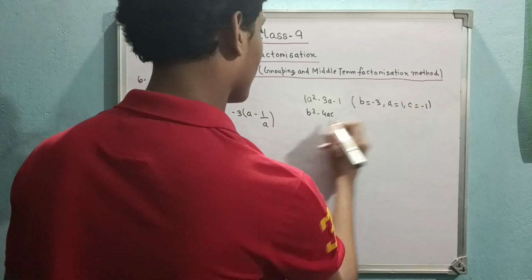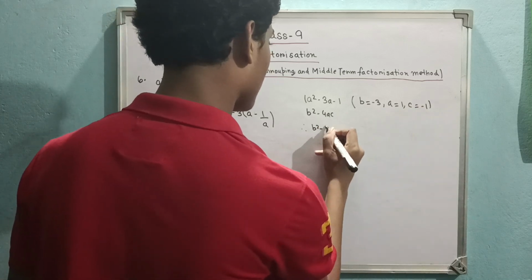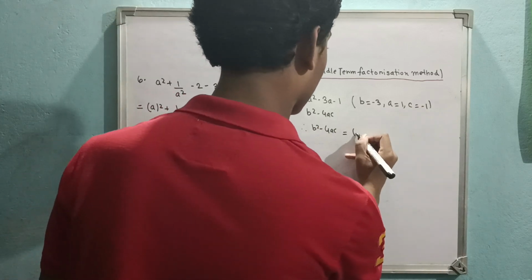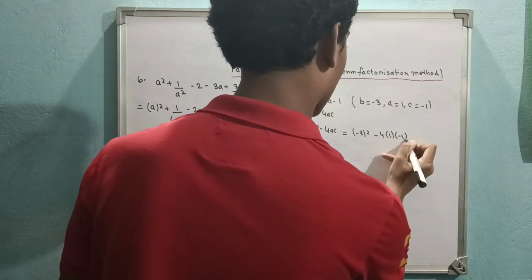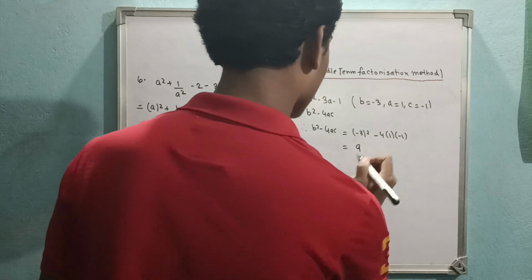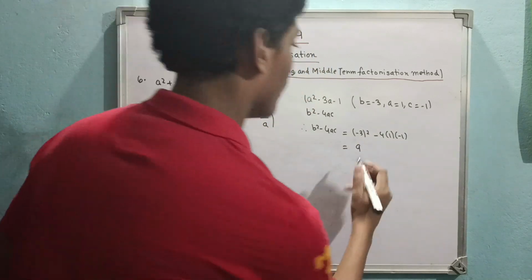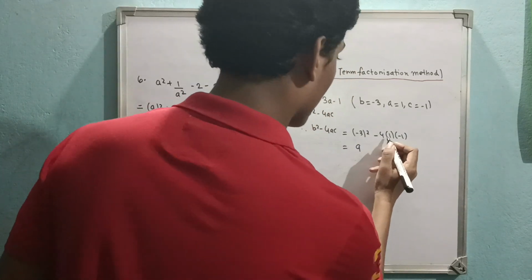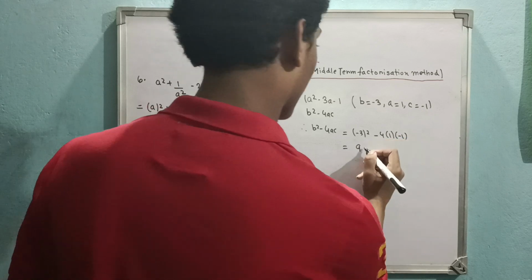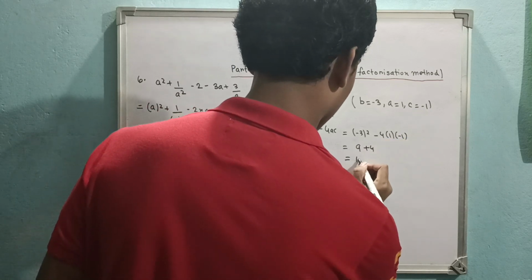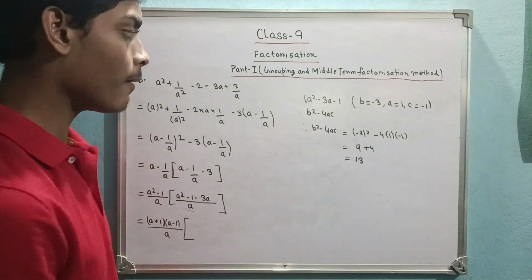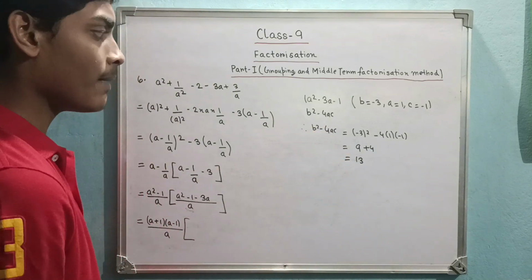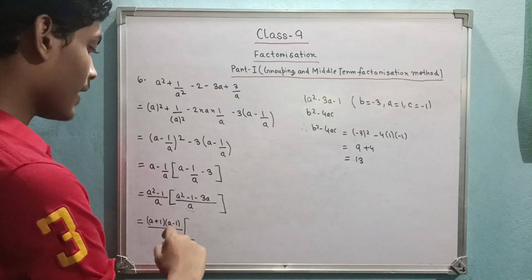Let's calculate. Therefore b square minus 4ac, what is it? So minus 3 square minus 4 into 1 into minus 1. This is 9 minus 4 into minus 1 is plus 4, so 13. Remember guys, this b square minus 4ac, if it is a perfect square of any number, then the equation can be factorizable.